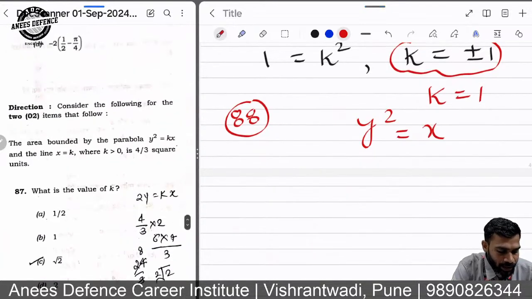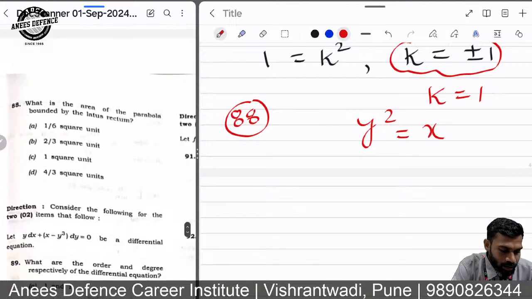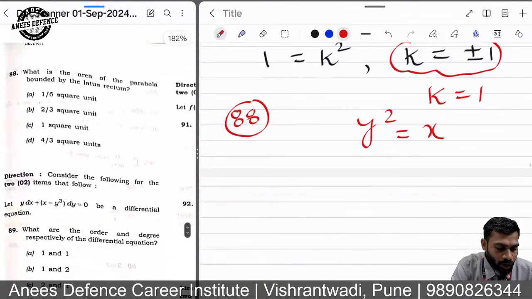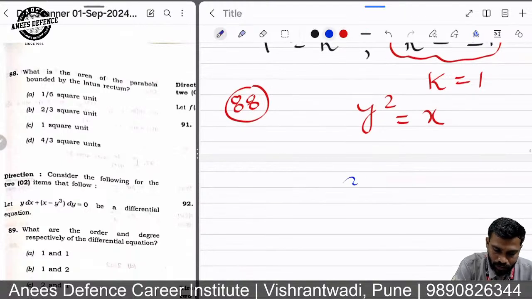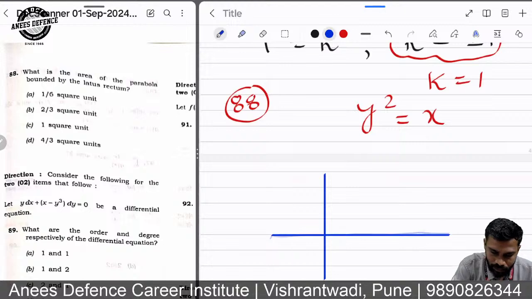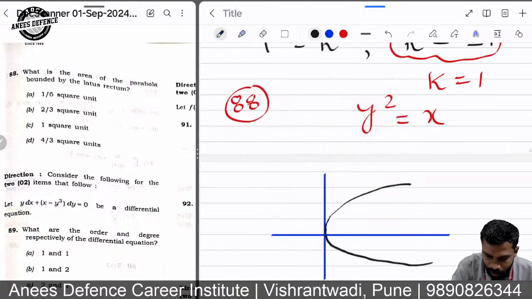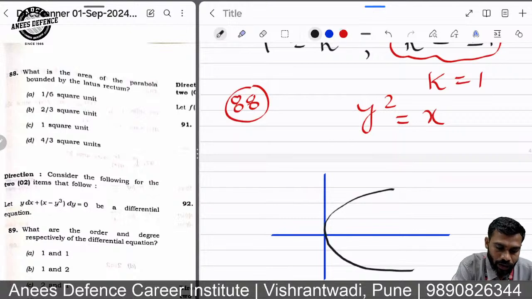Now, in question number 88, we have to find out the area of the parabola bounded by the latus rectum. So very easy. See, this is the parabola, right? And here, this is the latus rectum, which passes through the focus.